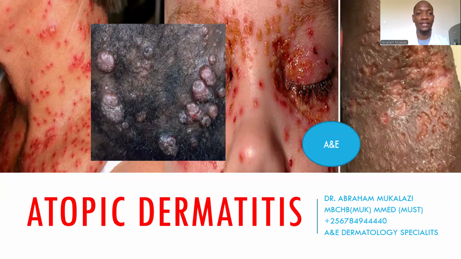And then in this next picture, we see these giant molluscums that can be disseminated all over the body, especially for patients who are atopic. And then you can also get these extensive erosions and ulcers if you don't control the atopy, and this can end up super infected and complicated.